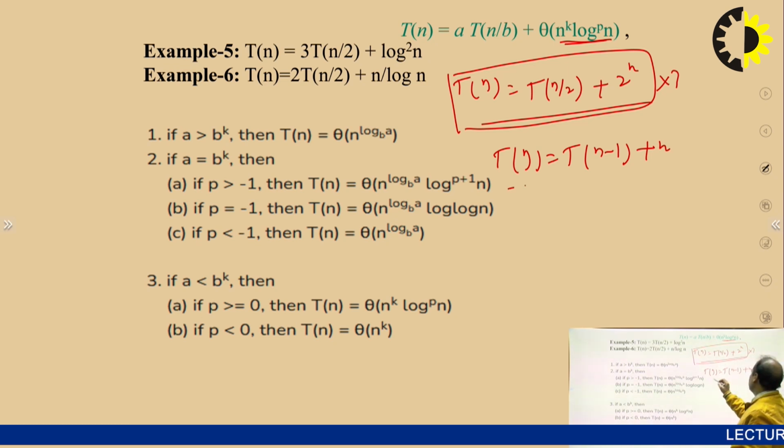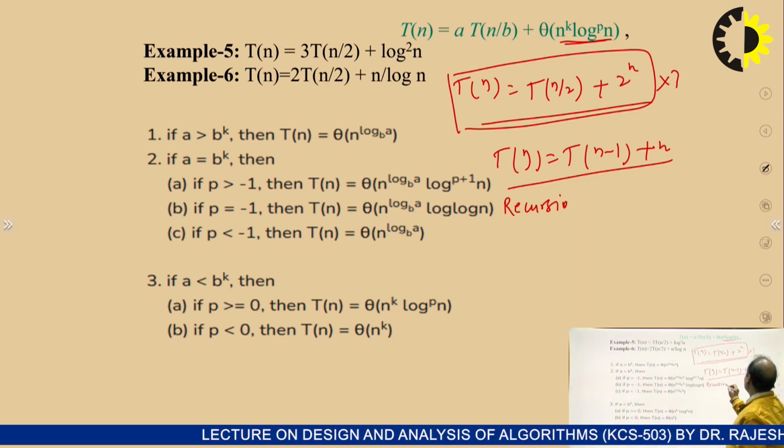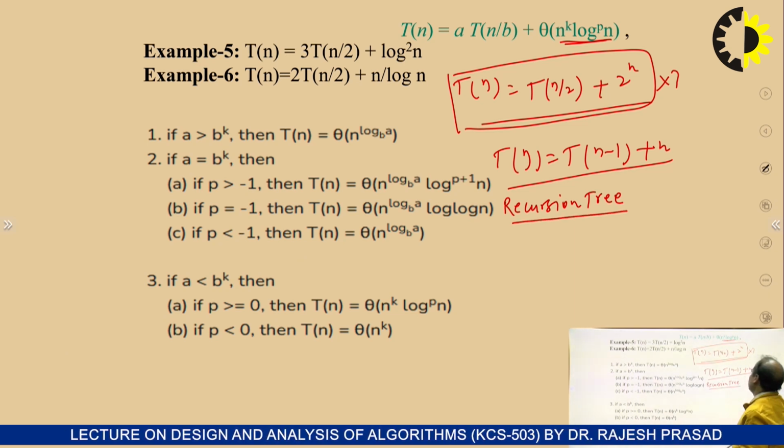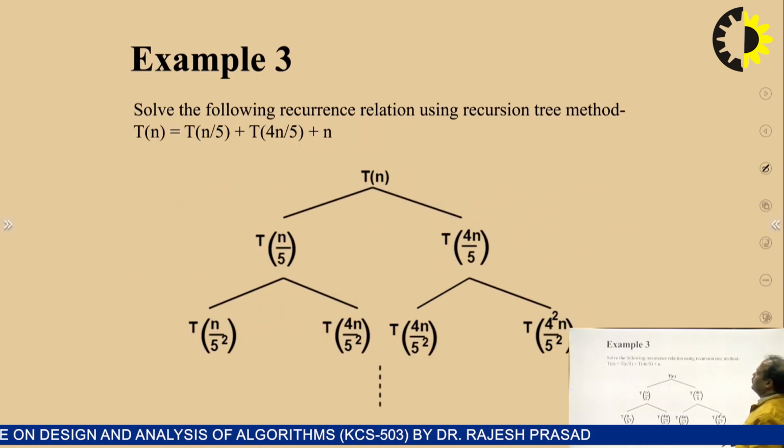So that means the master method is not going to work over here when the recurrence is of the form T(n minus). So then what is the solution? The solution for this type of recurrence is the recursion tree. The recursion tree can solve this type of recurrence relation, right? So yes, let's see this.